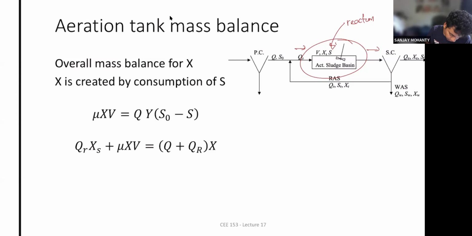Whatever amount is produced is basically growth. The amount of bacteria grown in the system has to be related to what is coming in minus what is leaving, because whatever is grown is related to how much BOD is consumed. That's the same thing that we did before.